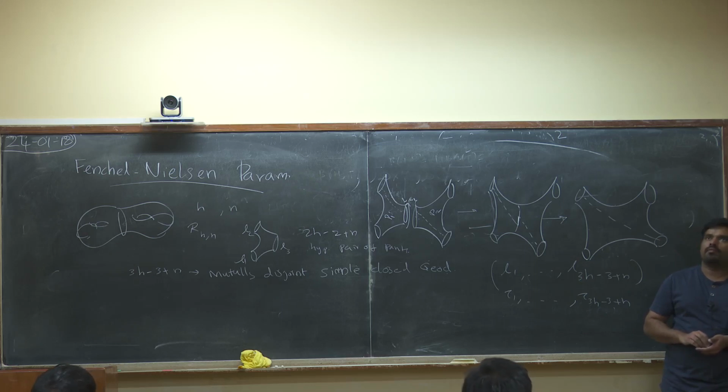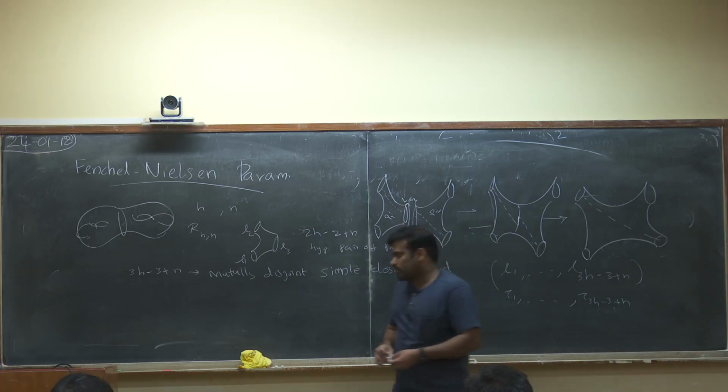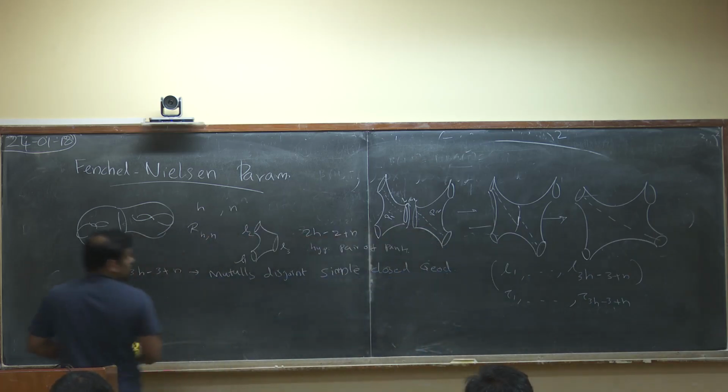Actually, if you are providing me a location inside the Teichmuller space parameterized by these Fenchel-Nielsen coordinates, I can write down what exactly is the generator in terms of these L and tau. I see. So there is a systematic algorithm for constructing that, which happened only in 2010. So Moskit constructed that.